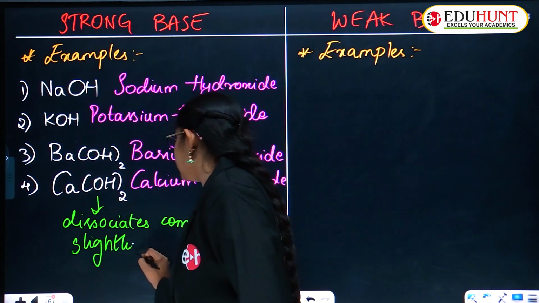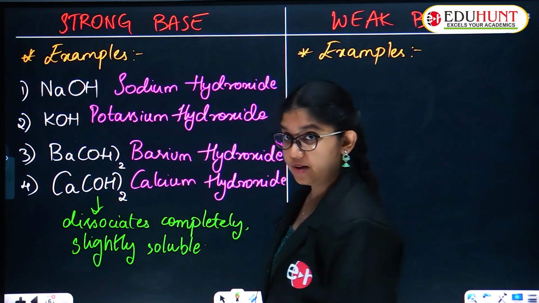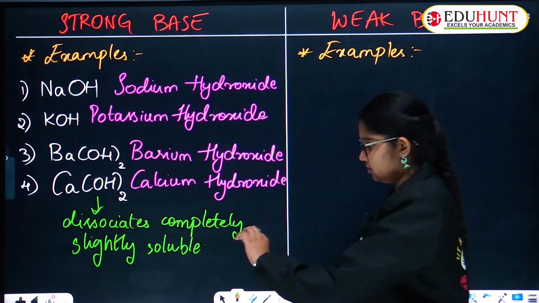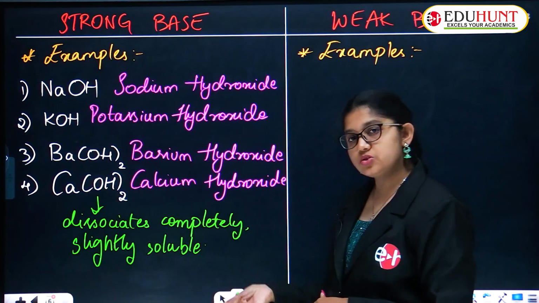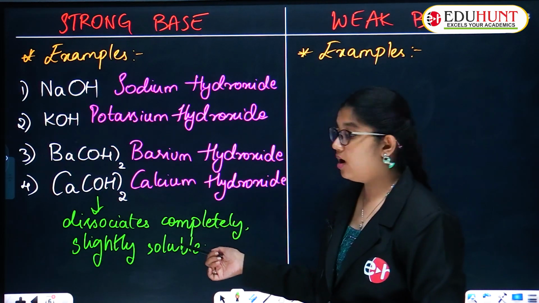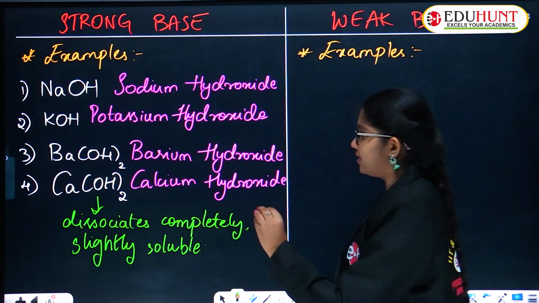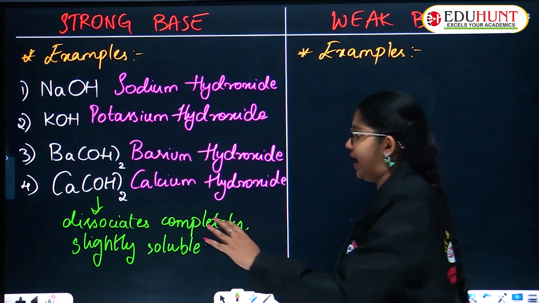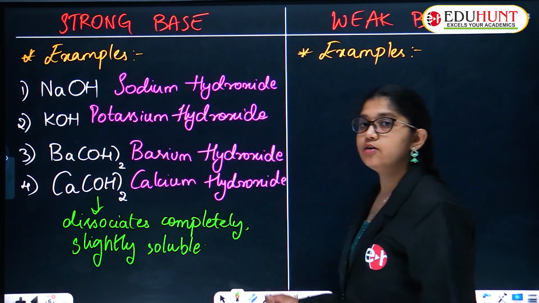It is only slightly soluble in aqueous solution, but if it dissolves, it will completely dissociate into its OH minus ions. In that state, if we consider the definition, we have to write calcium hydroxide in the strong bases category but not in the weak bases.